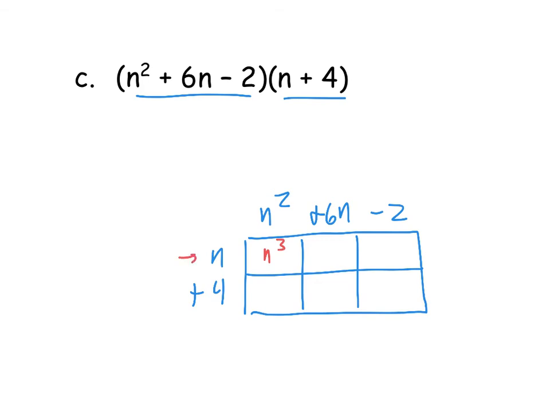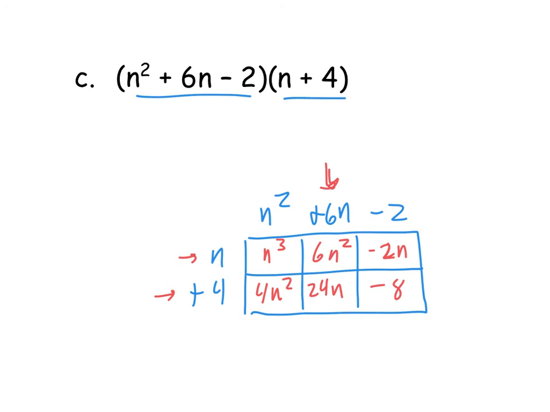And then this n times the 6n is going to give me 6n squared. N times -2 is -2n. And then the 4, multiplying 4 by all three of them. 4 times n squared, first of all, is 4n squared. That would go in that box. And then 4 times the 6n here is going to give me 6 times 4 is 24, and then n. And then 4 times -2 is -8.